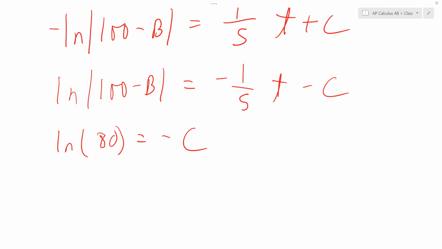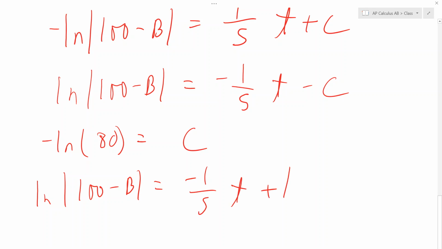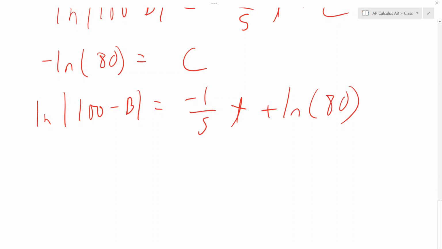Essentially, the equation we have becomes ln of the absolute value of 100 minus B equals negative 1/5 t plus the ln of 80. Simple enough. And remember I told you with absolute value, it's either going to be positive or negative, you can't cross through. When we plug 20 in, the thing is positive, so the absolute value is not really doing anything at this point.